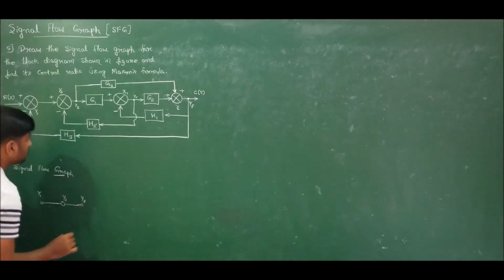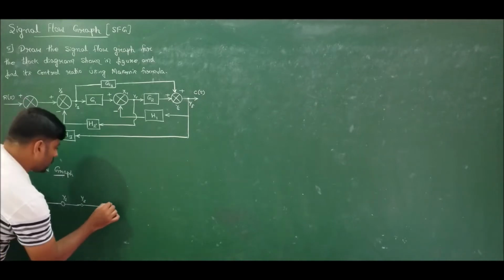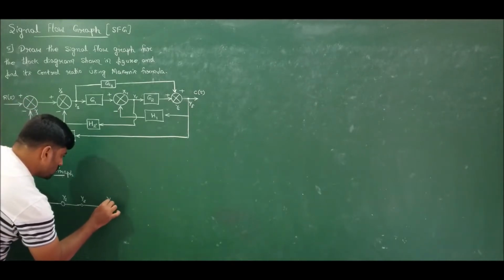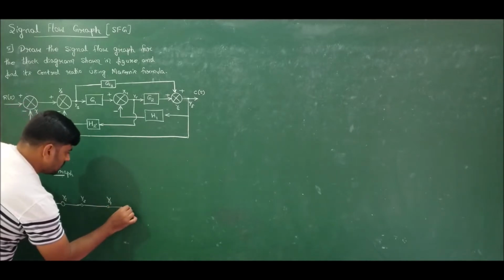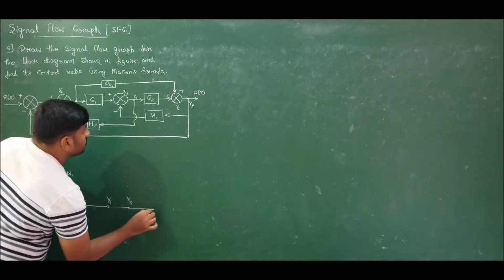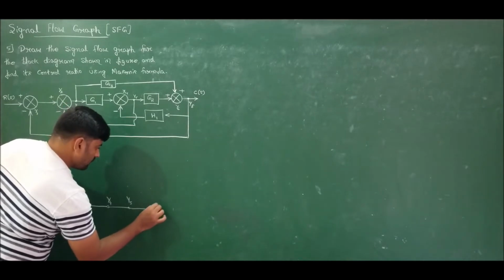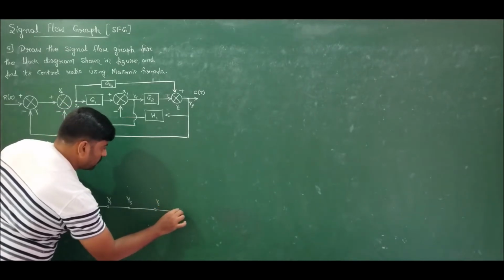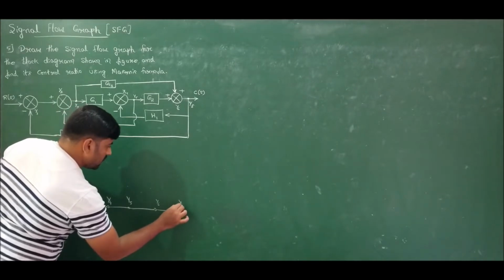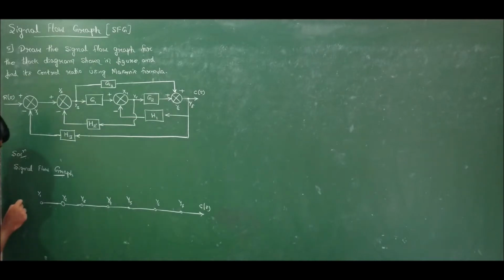Then we have y4 as a summing point, then y5 is a takeoff point, then we have y6 a summing point, and finally we have y7 a takeoff point. The output is C of S, the controlled output, and we have the input R of S.